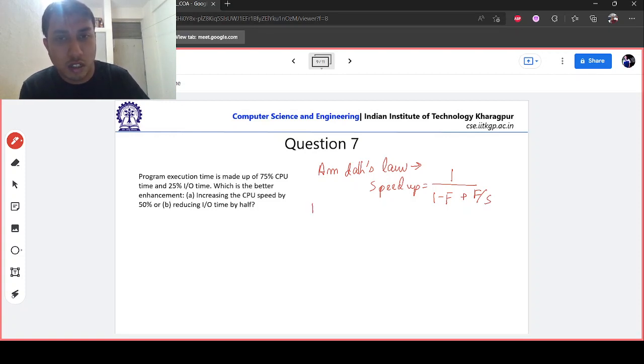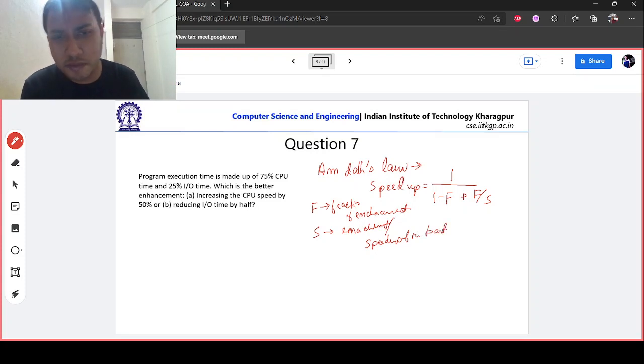Here f is the fraction of enhancement and s is the corresponding enhancement, or you can also call it the speedup of that part.